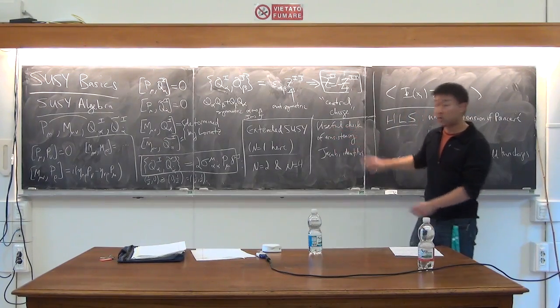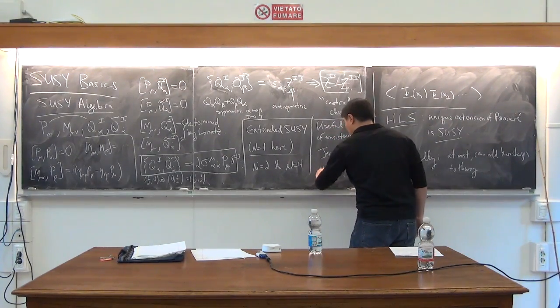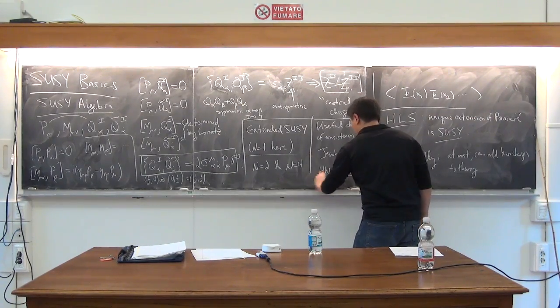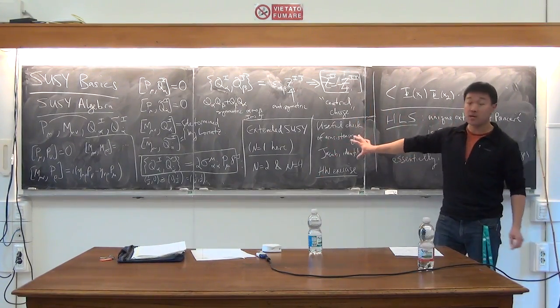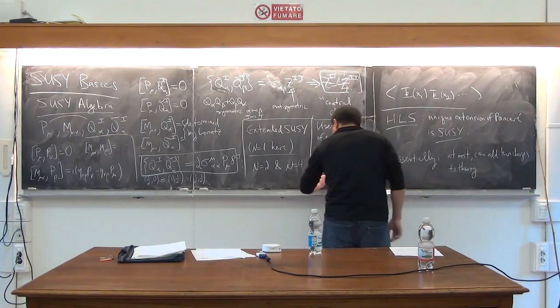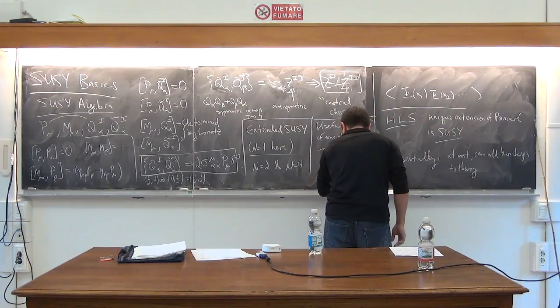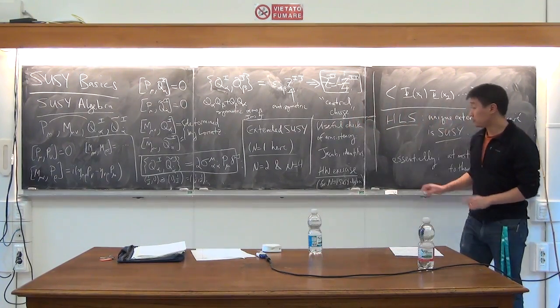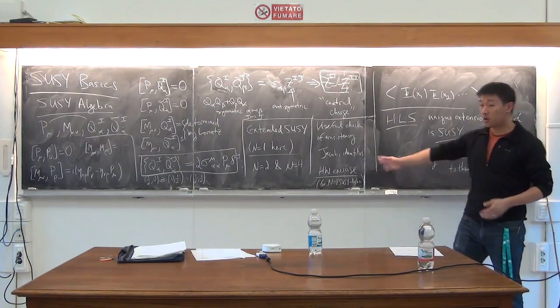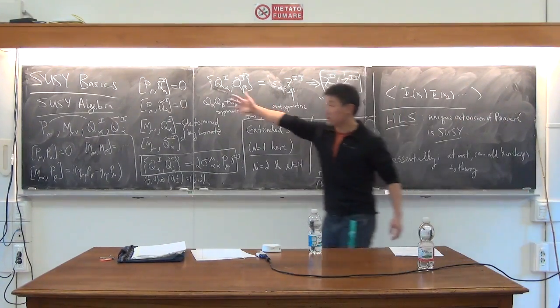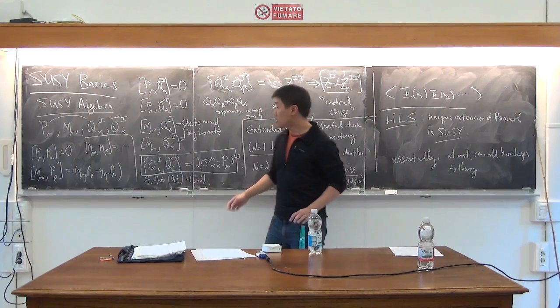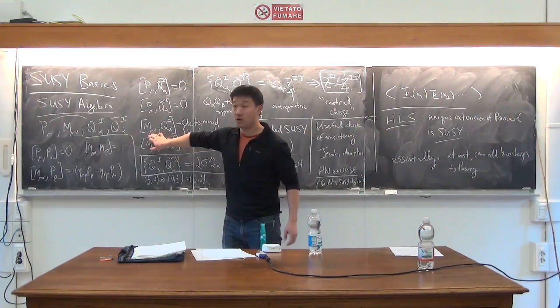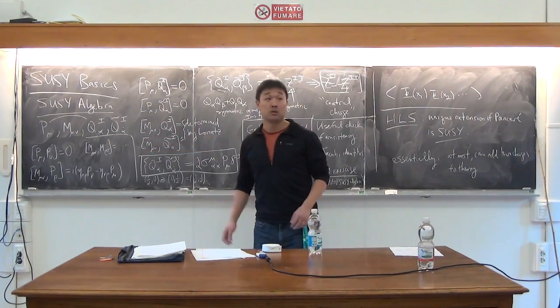For those of you who need it, this is a homework exercise: just check the Jacobi identities for the basic N equals 1 SUSY algebra. Most of them are completely trivial, most of them are 0. The only non-trivial ones are the Jacobi identities involving two Q's and a Q-bar.